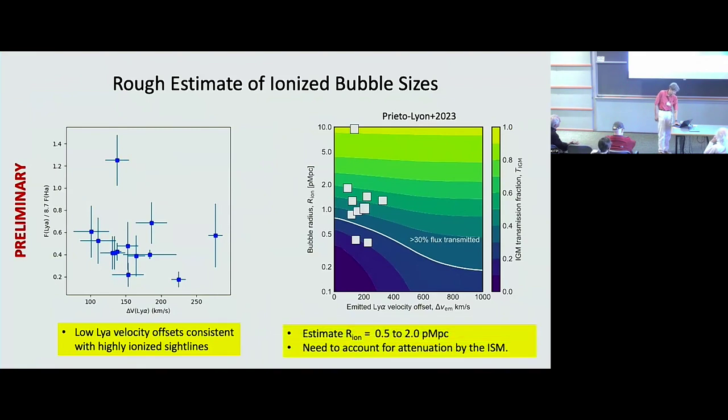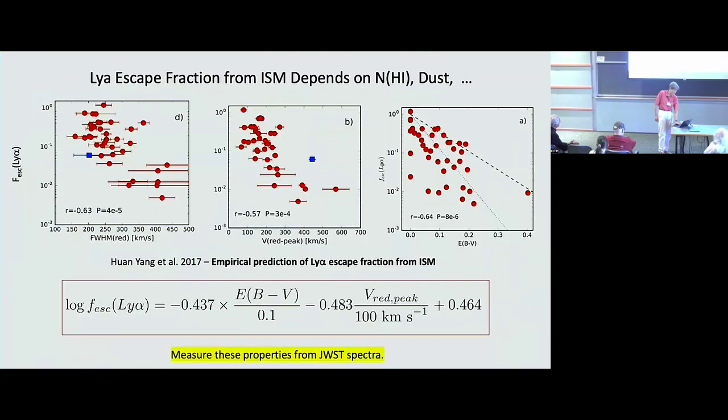So we will need to account for the attenuation of the ISM, which is admittedly a hard problem, but I want to argue that it's one that I think we can solve with some work because of all the information that's in the rest frame optical spectra that JWST provides. So here are 3 plots, work done by Wan Yang some years ago, using green pea galaxies.